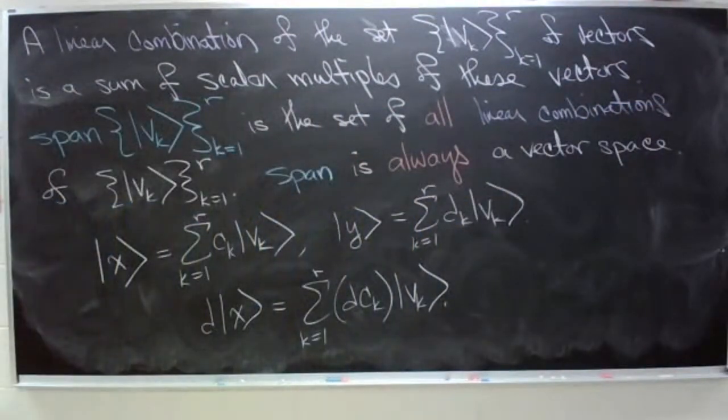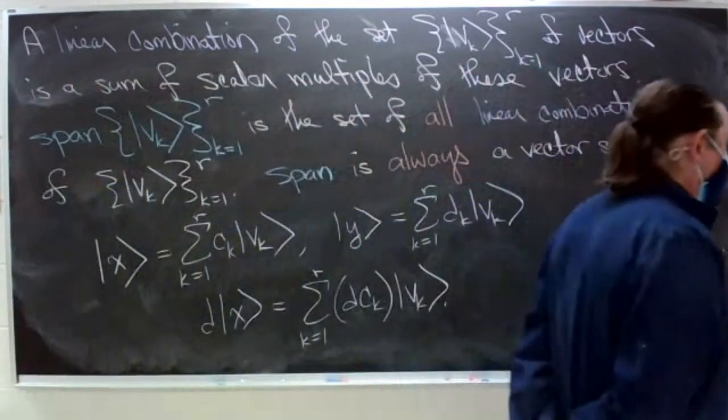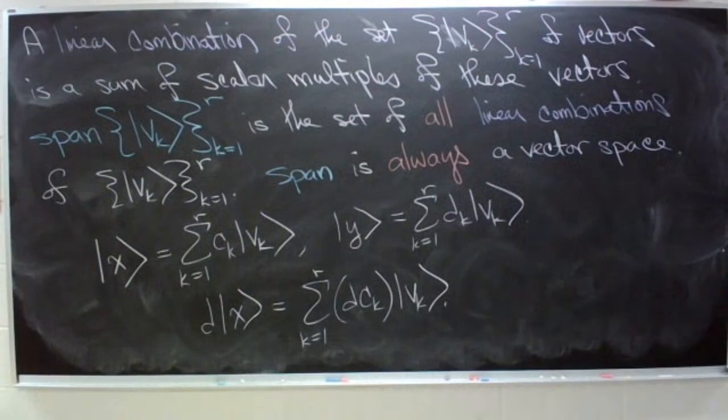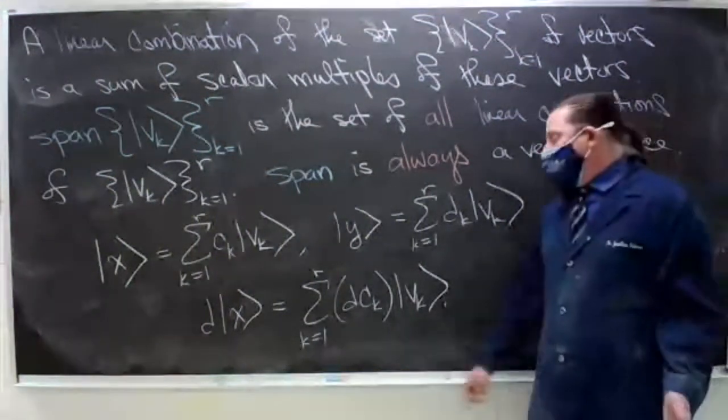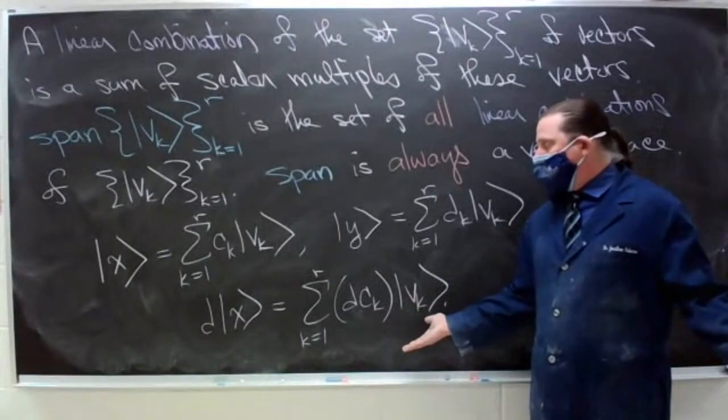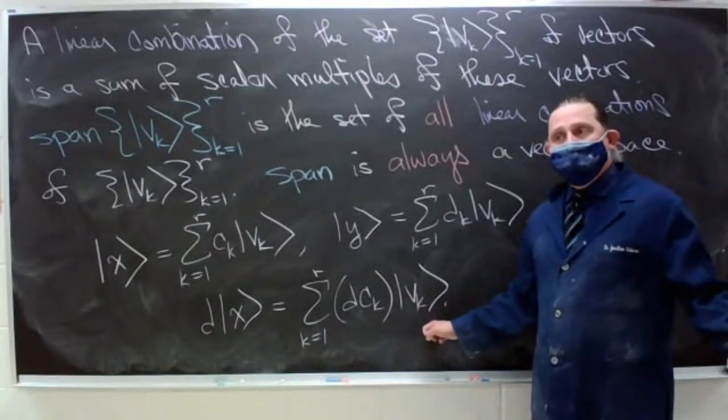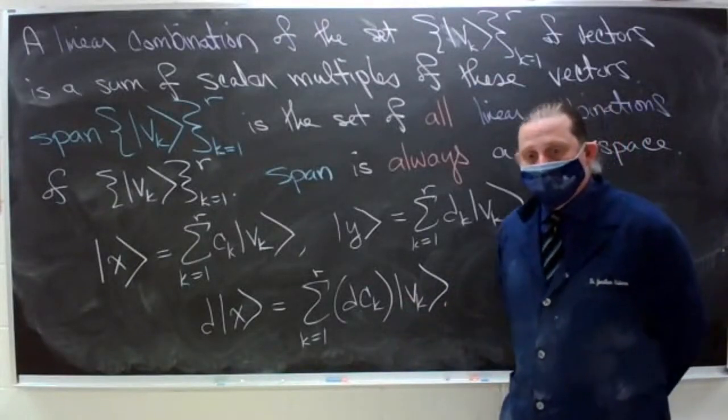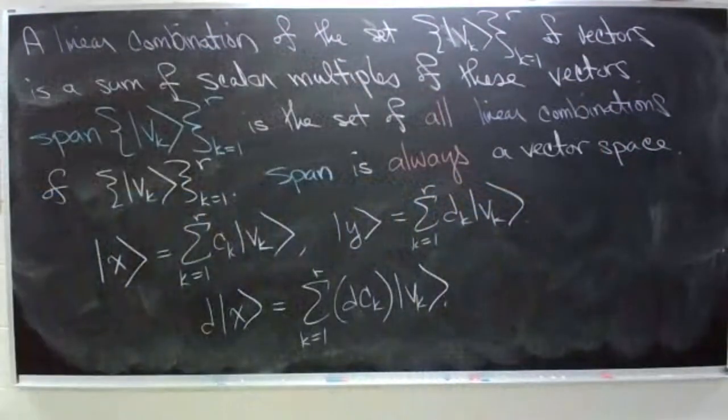Since d and c_k are elements of my field, for each k, d times c_k will also be an element of my field. And therefore, this is another linear combination of my v vectors. So, span is closed under scalar multiplication.